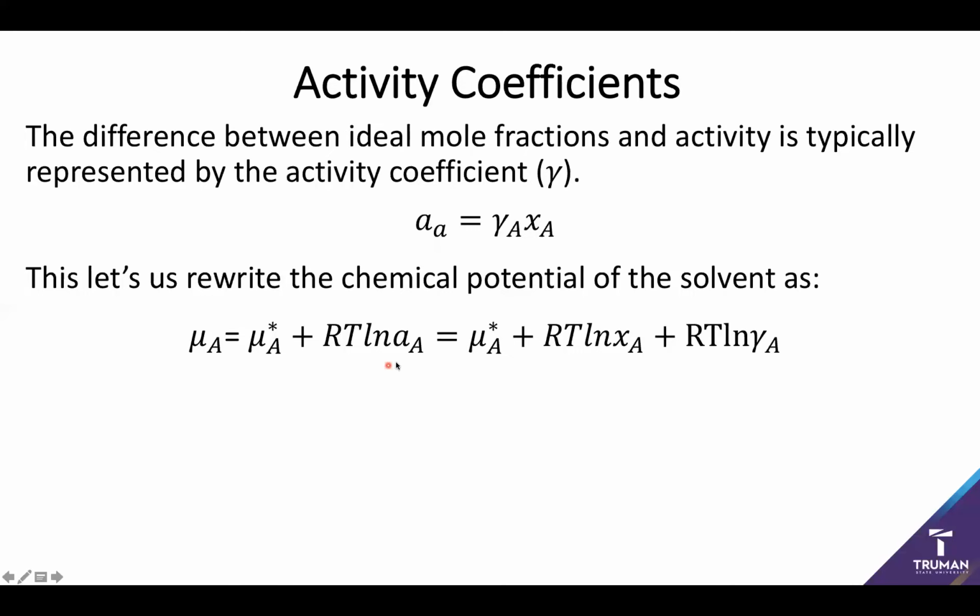So it turns out that this first expression is by default going to be true. But when I can substitute in this gamma and mole fraction term, I can then make use of natural log laws and essentially treat it as the sum of these two expressions. So when I'm trying to treat the chemical potential of my substance A, which again is typically going to be a solvent, I can essentially treat it like it obeys Raoult's law, plus this extra little fudge factor that's based on the activity coefficient.